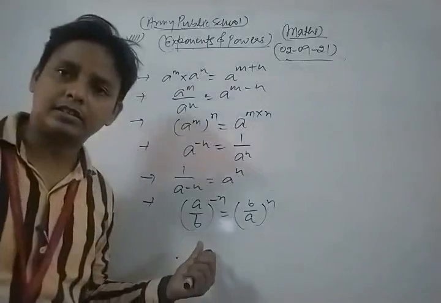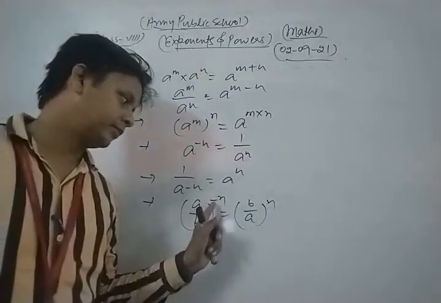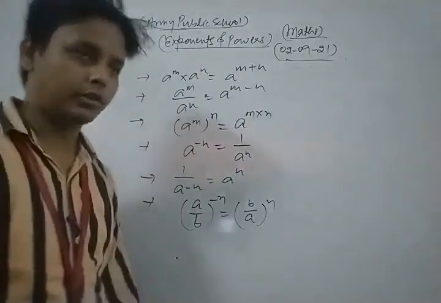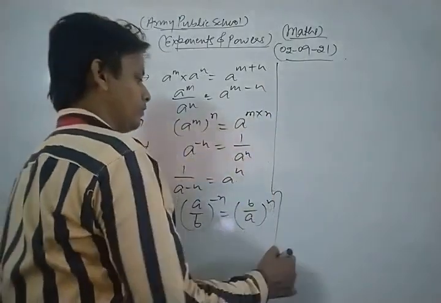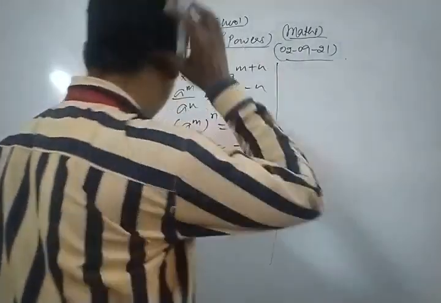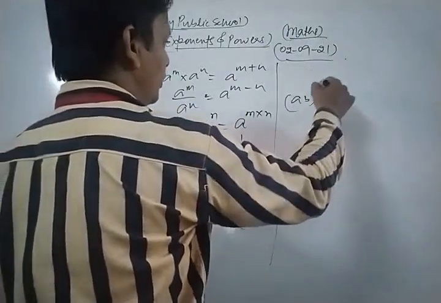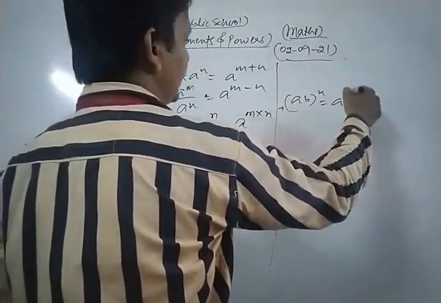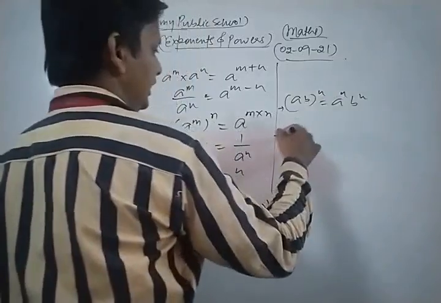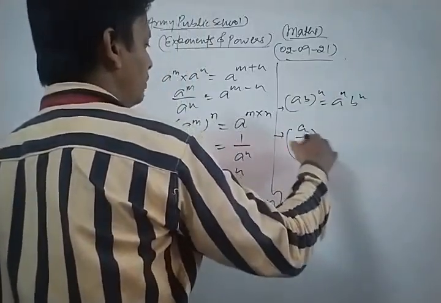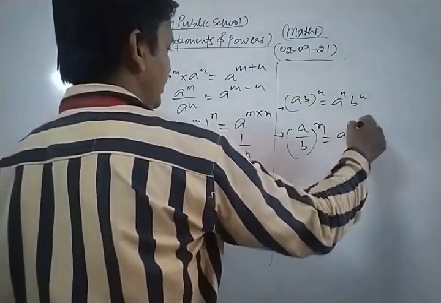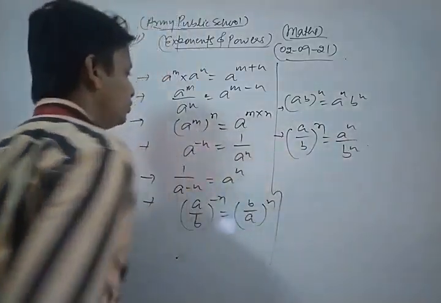This means if we reverse the fraction, its power becomes positive. We also know that (a into b) to the whole power n is a to the power n into b to the power n, and (a upon b) to the whole power n is a to the power n upon b to the power n.